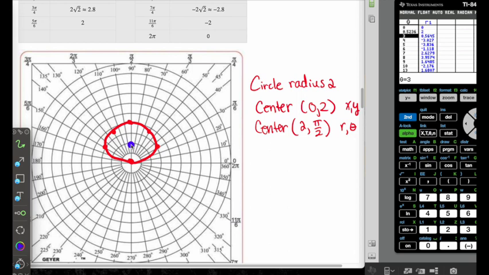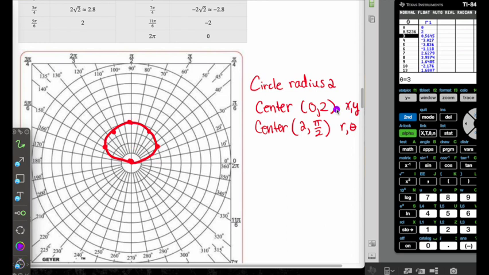And this is if I'm thinking about it in terms of x, y. So if I'm thinking about it in terms of r and theta, my center is going to be pi over 2, and I come out 2 units. So I swing open pi over 2 and come out 2 units. So that's the center. And then I have a radius of 2.